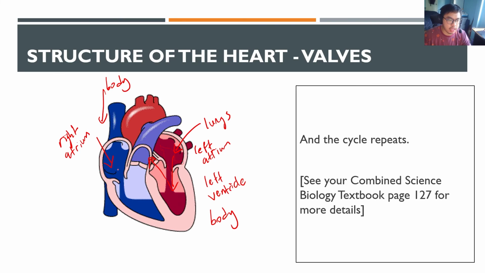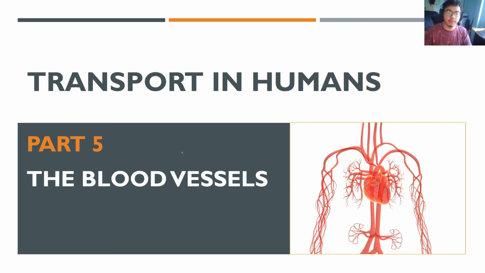From the right atrium, the blood goes to the right ventricle. And from the right ventricle, the blood goes back to the lungs. So this is the flow of the blood from the lungs to the heart, to the rest of the body, back to the heart, and then back to the lungs. So it's a cycle. In part 5, we're going to talk more about the blood vessels.